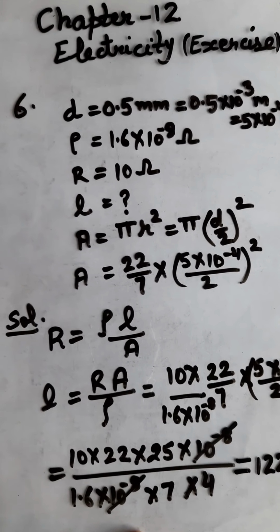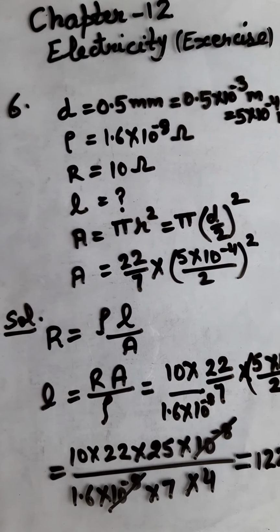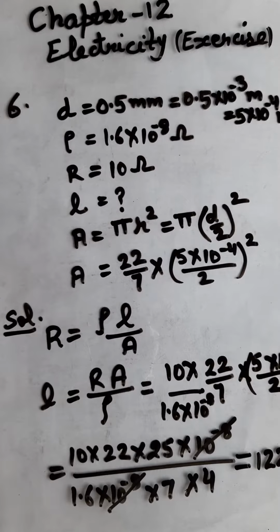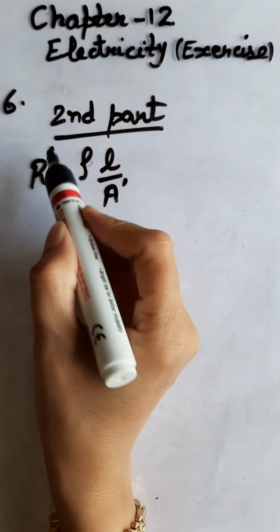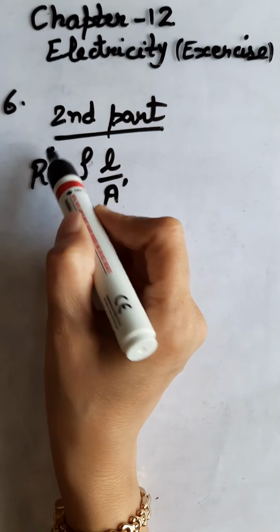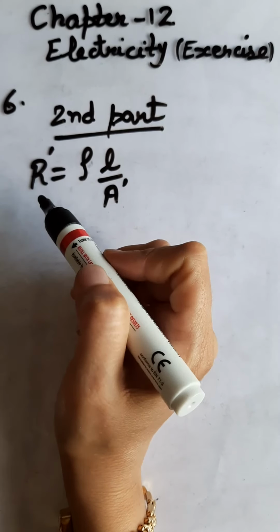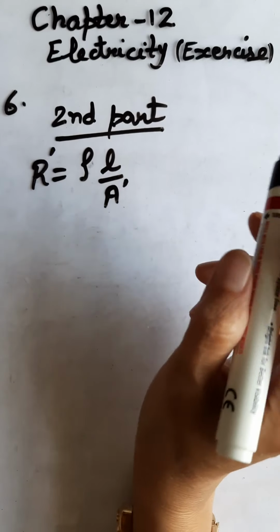Now another part of this question: what will be the change in resistance if the diameter is doubled? For the second part, we write the formula R dash. R dash means the new resistance when the diameter is doubled.